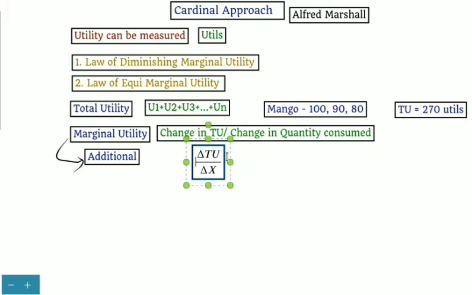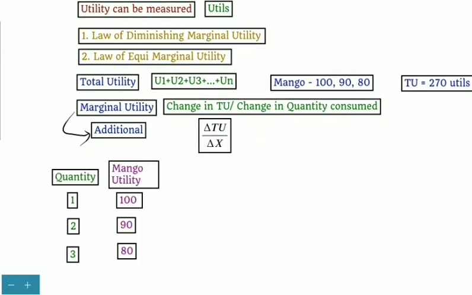Let's see this with the example of mango. When we take the first quantity, it gives us 100 utils. When we take the second quantity, it will give 90 utils, and the third will give 80 utils.